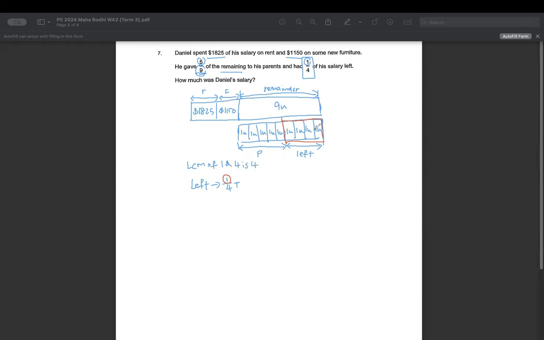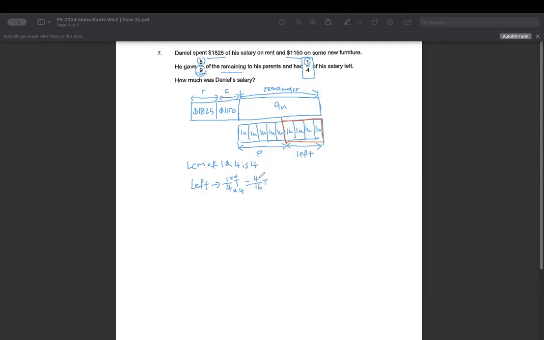This is already 4, so I don't need to change it. I have to change this 1 to become 4, so I just times 4 times 4. The new fraction I will get will be 4 out of 16 total.